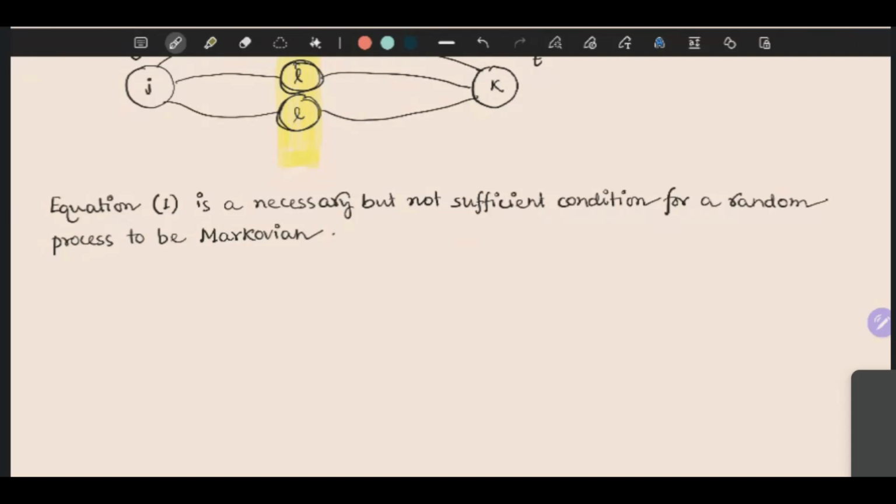There is a common misconception that this is unique to Markov processes, but this is not unique to Markov processes.